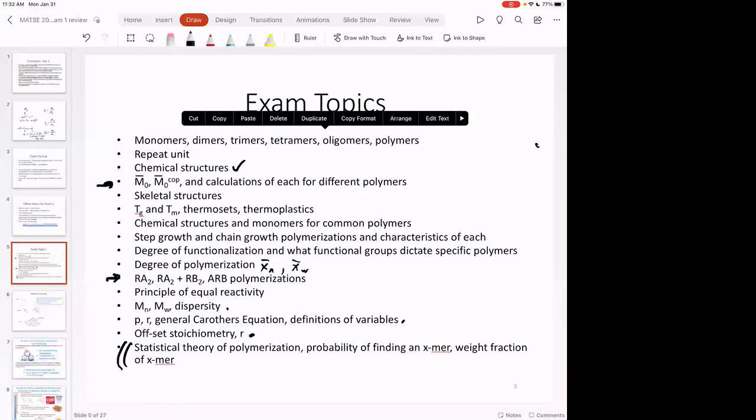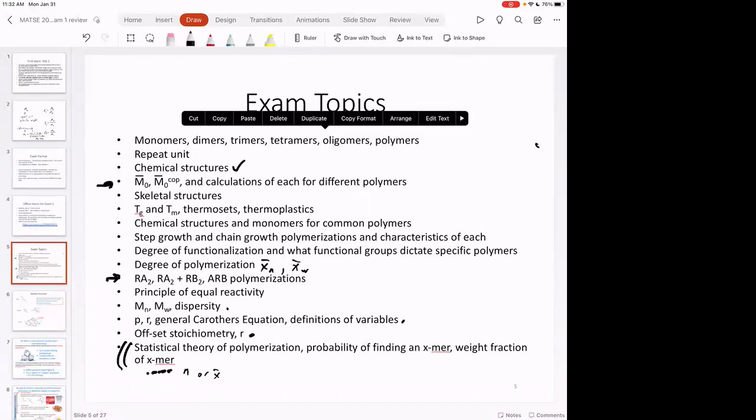And so it's just a matter of really knowing what an XMER is. And remember, an XMER, we're talking about N, or degree of polymerization, average degree of polymerization.